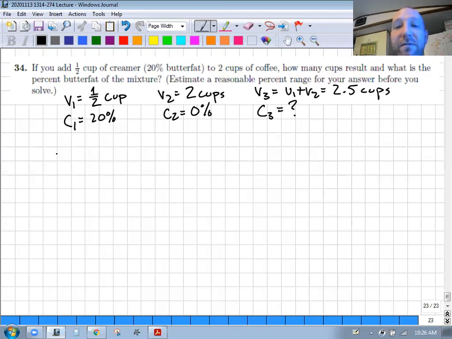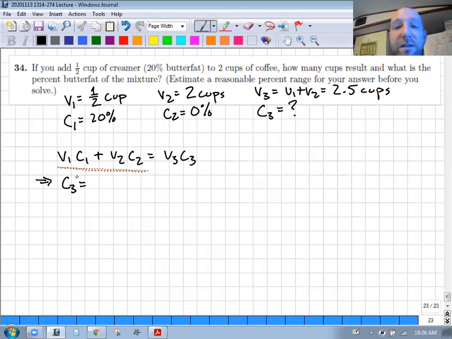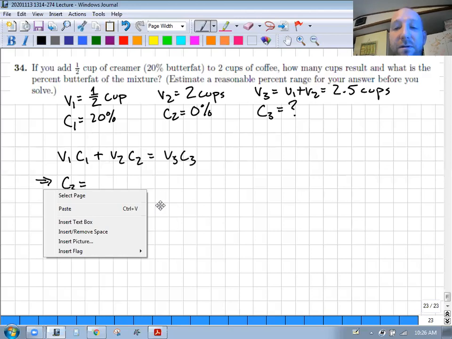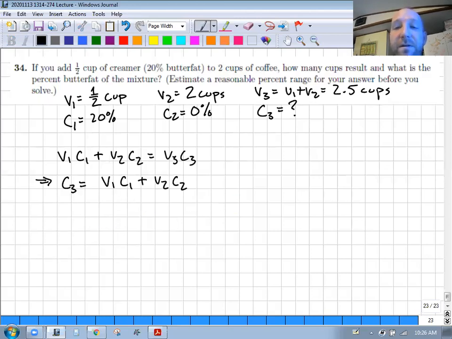So again, we have V1C1 plus V2C2 equals V3C3. So C3 is just like the last problem, all that divided by V3. I like to wait until I have it solved before I plug the numbers in. It's typically how mathematicians do things. It's just less writing.